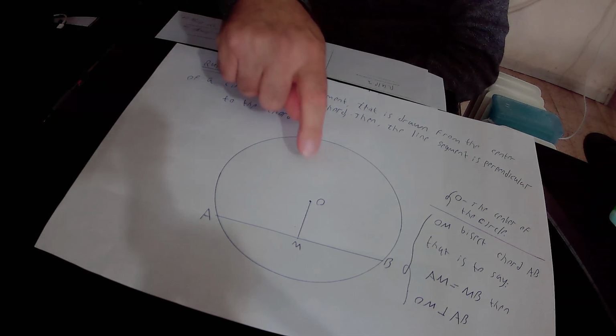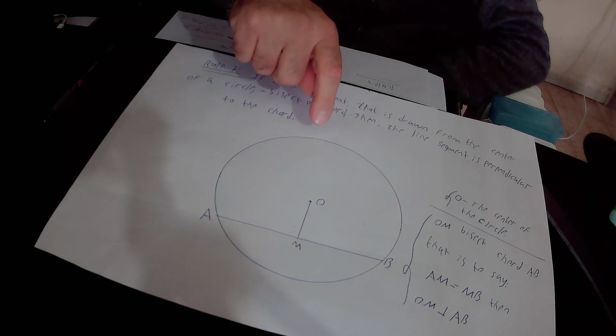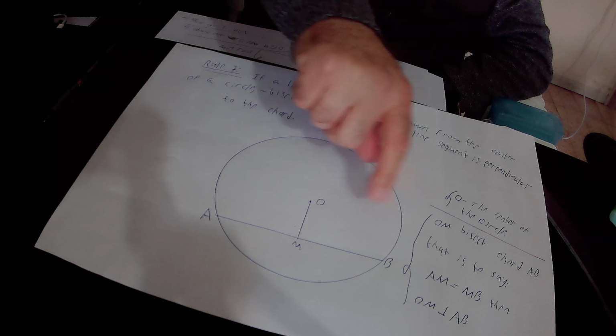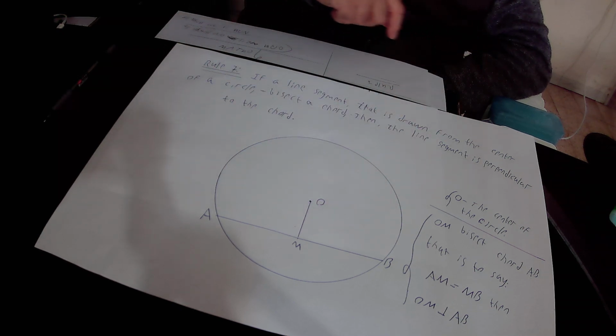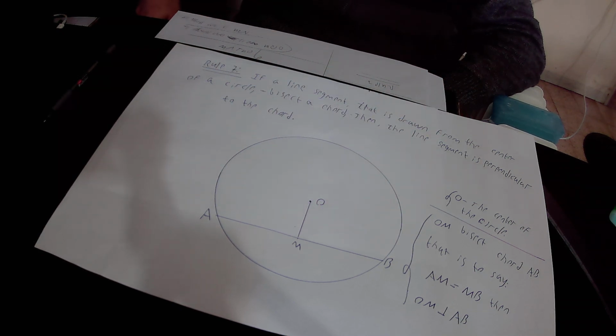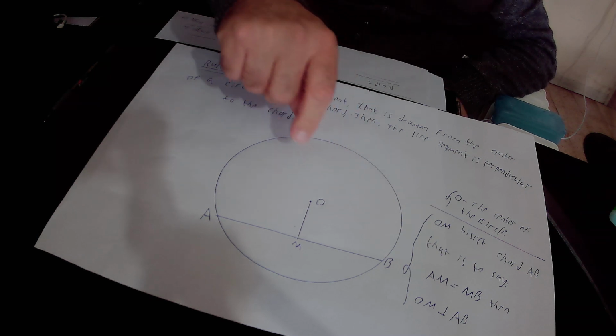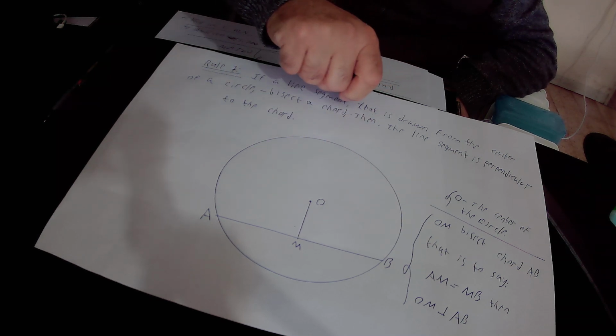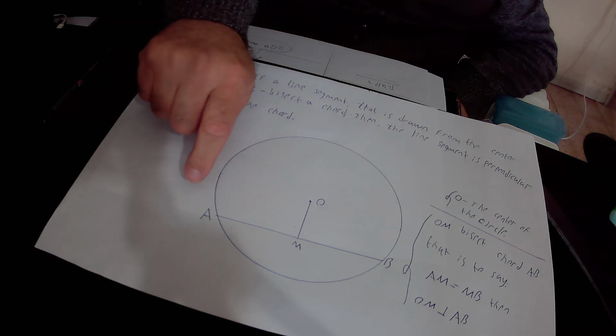The center of the circle is at point O. From the center of the circle we draw line segment OM that bisects chord AB. That is to say AM equals MB. According to rule number 7, line segment OM will also be perpendicular to AB.